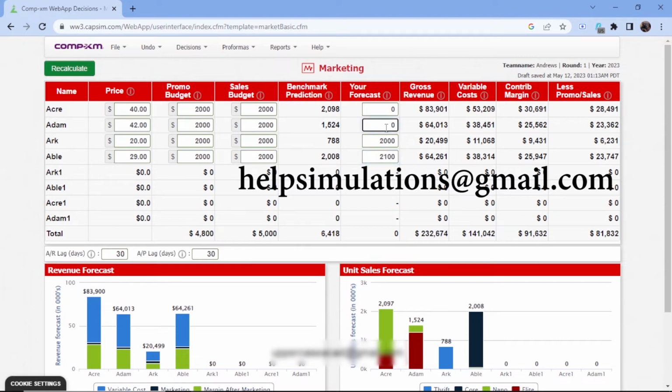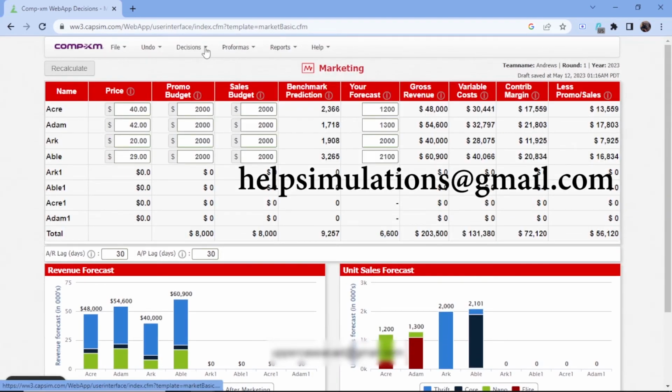Then in the nano market segment I'll sell 1200, and here I can sell 1300. Then I'll calculate, because this is my marketing department, and I just have to forecast the number of units that I'll sell in the coming years. So that's the decisions that I did for marketing.